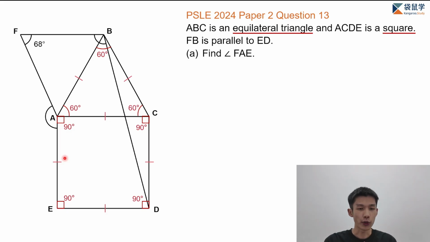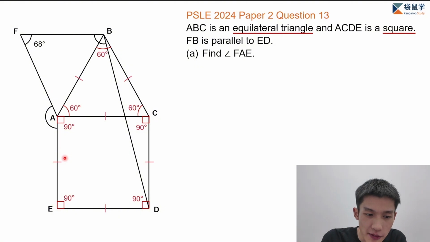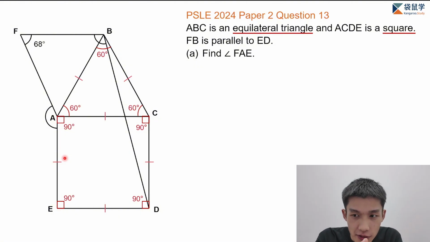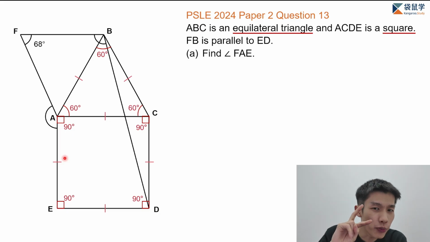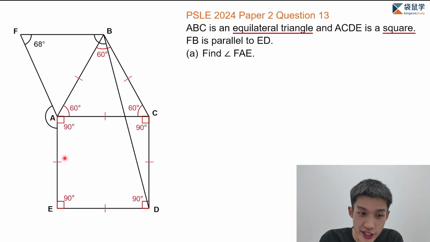What are we missing here? The property of a square is not just that 4 sides are equal, but also 2 pairs of parallel lines. So it's very important to label the parallel relations, which is AC is parallel to ED by drawing 1 arrow.